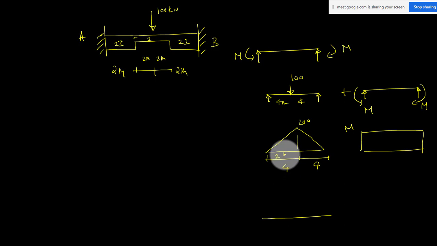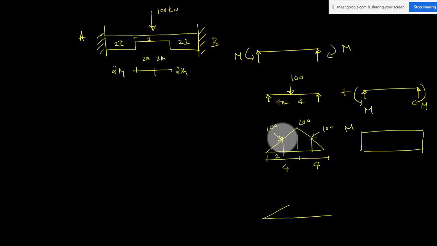If you take this 2 meter, this will be 100. So for the M by EI diagram, at this section it is 100 by 2 EI, so this will become 50. So M by EI is 50 by EI.